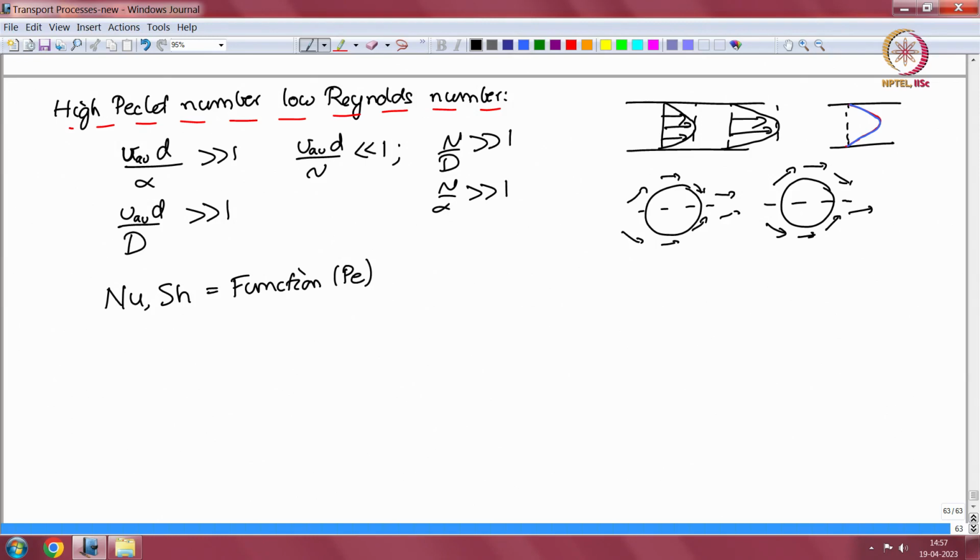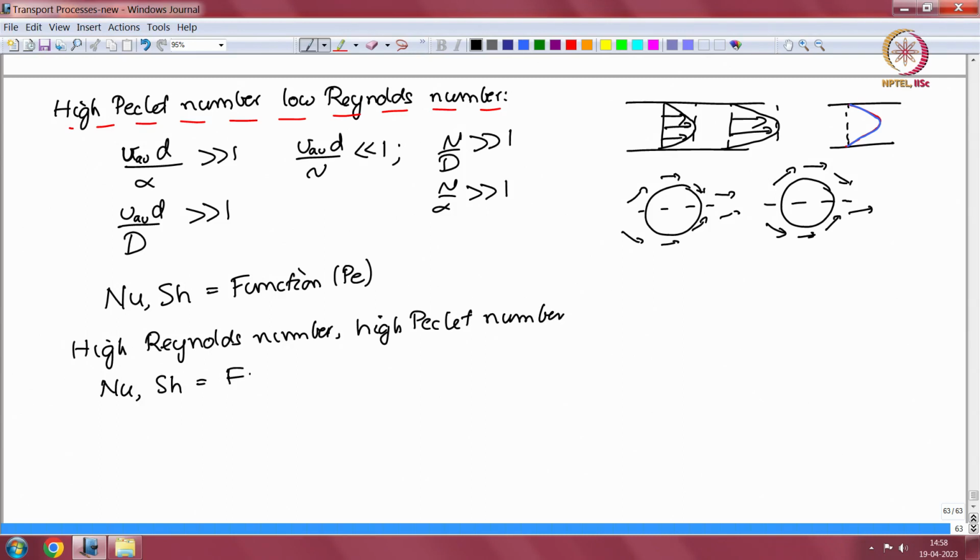And of course, if you go to high Reynolds number and high Peclet number, the Nusselt number and the Sherwood number are functions of both the Reynolds number and the Peclet number.